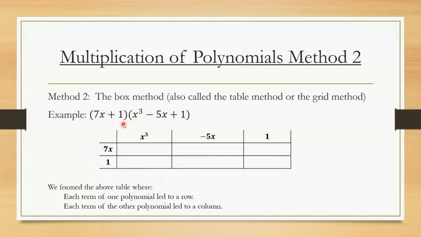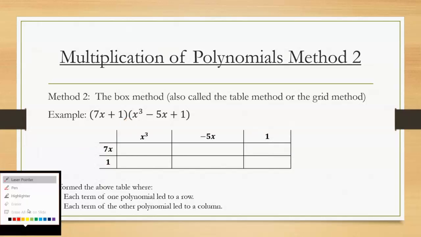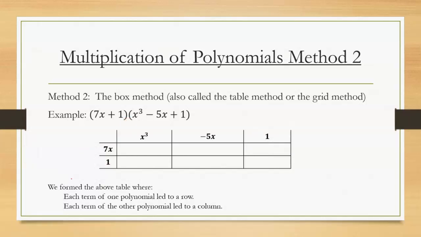So let's suppose you want to multiply these two together. What we're going to do is form this little grid. Each term from the first polynomial gives us a row, whereas each term from the second polynomial gives us a column.